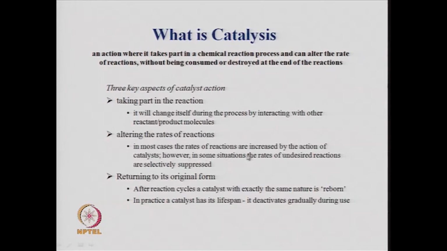In most cases the rates of the reactions are increased, but in some cases the rate of some reactions which are not desirable can also be decreased, and here the catalysts are also called catalytic poisons. Returning to its original form. So, it takes part in the reaction, it alters the rate of the reaction, and finally, it has to return to its original form.